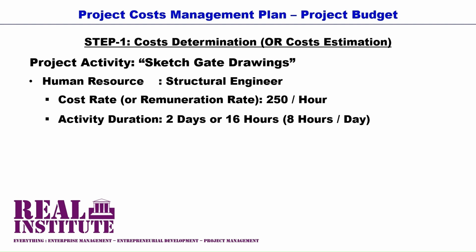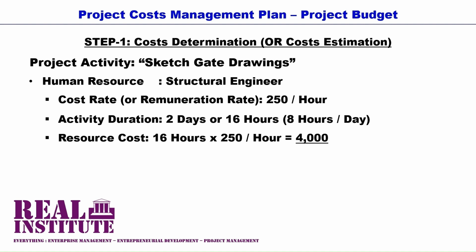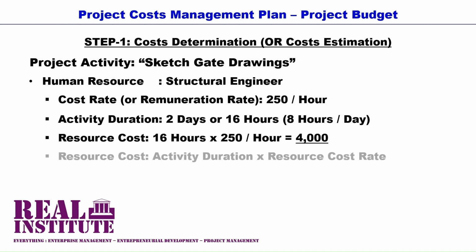Then the cost of this resource for this activity is 16 hours multiplied by 250, which is the professional service rate, and this yields an amount of 4,000 human resource cost for the activity. A similar approach is applicable to the rest of the project activities.